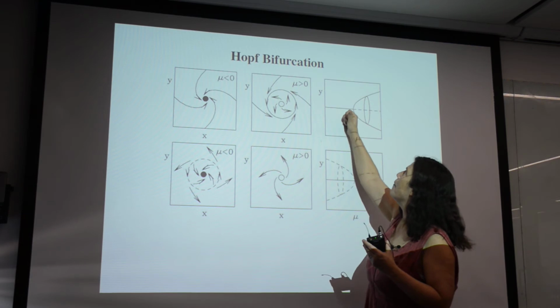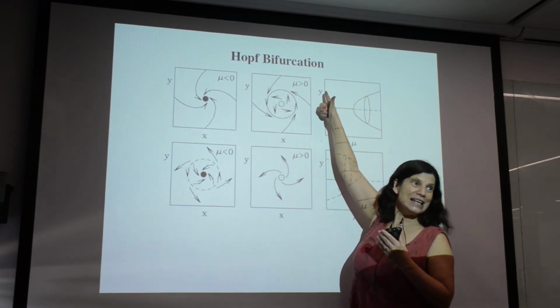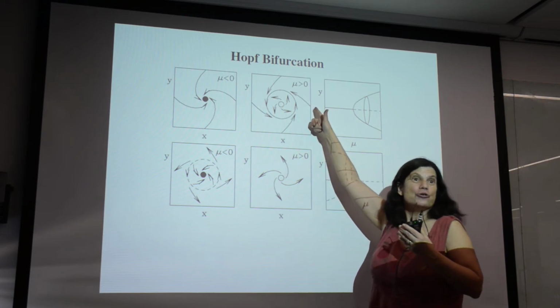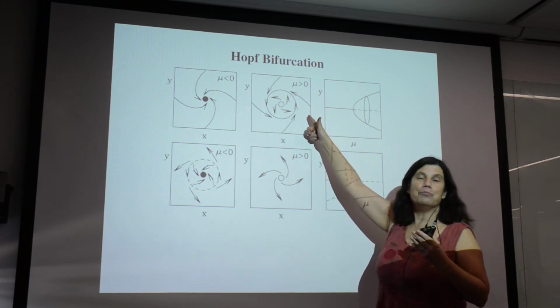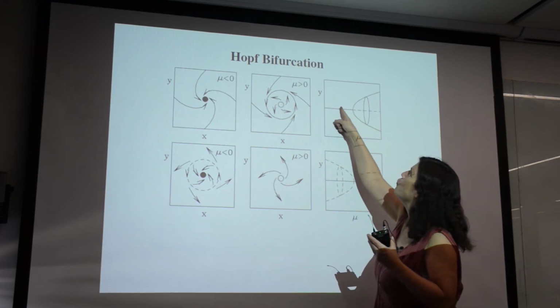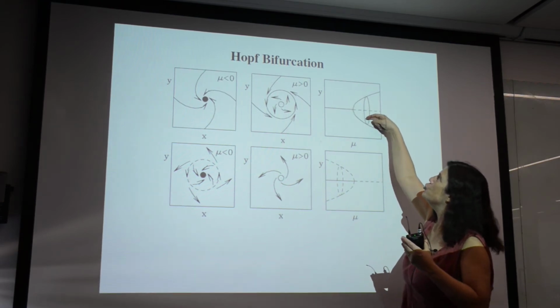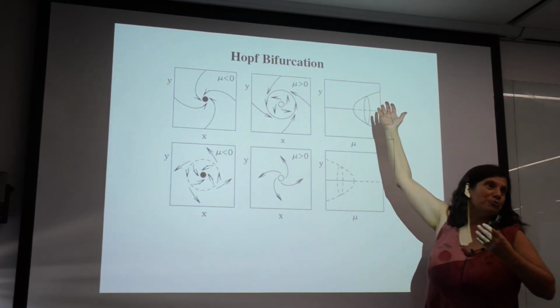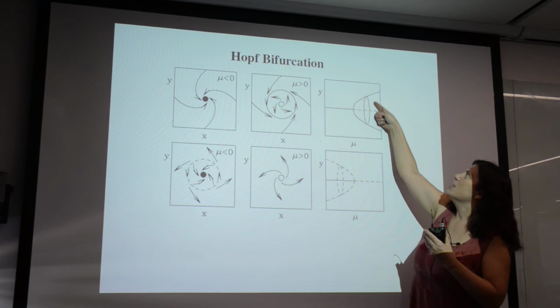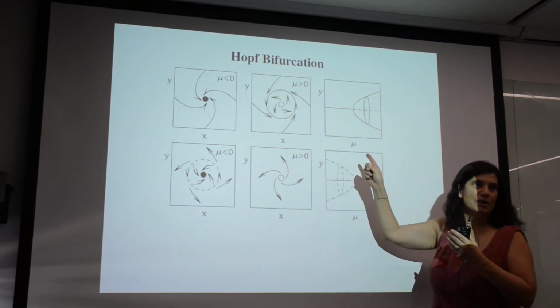We would need x and y to show these stable steady states, because the steady states are no longer necessarily points, they are also limit cycles. So what you have here is a transition from a stable spiral, where you would be spiraling in here, to a limit cycle, where here I'm drawing in perspective as best as I can a cut through a circle like this. And that's what the solution is. Okay?